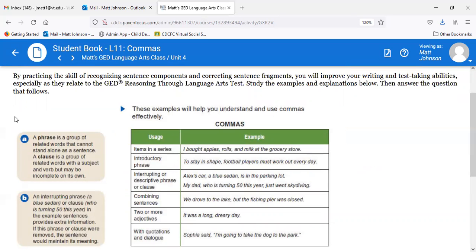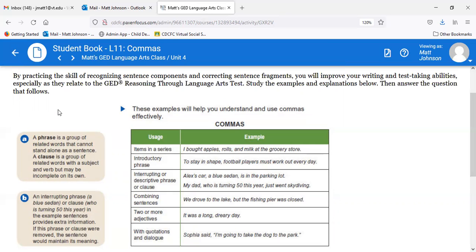And we have some examples here. First off, over in the corner, a phrase is a group of related words that cannot stand alone as a sentence. A clause is a group of words with a subject and verb, but may be incomplete on its own. And we talked about that yesterday a little bit with incomplete sentences, right?